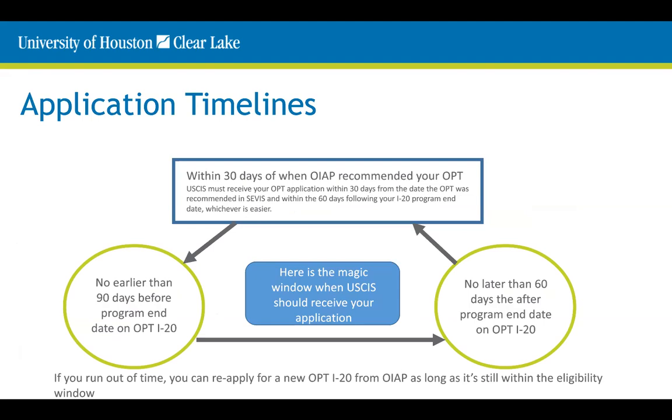After you have applied for an OPT I-20 from OIAP, you have 30 days from the day your I-20 was issued to submit it to USCIS and have it received. Keep that in mind if you are nearing the end of your 60-day grace period after graduation. If your application is rejected, you have time to reapply if you have applied early enough and you are still within your eligibility window.